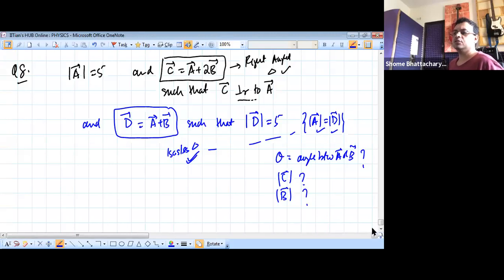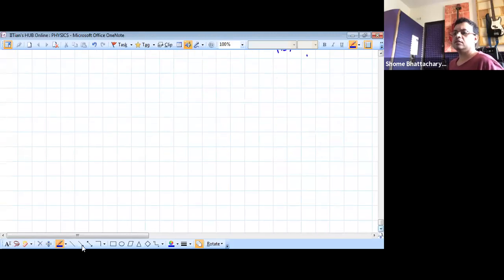Okay. So let us assume that the vector A is this one. Its magnitude is 5. Now the vector C is perpendicular to this, is given to us in the question. So the vector C is perpendicular.